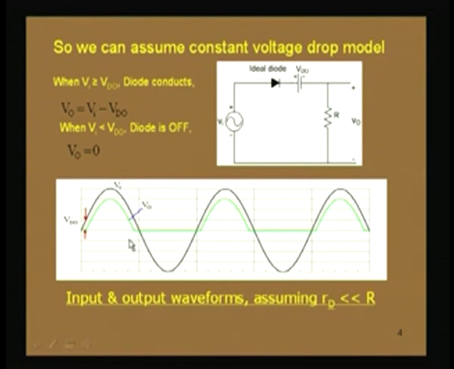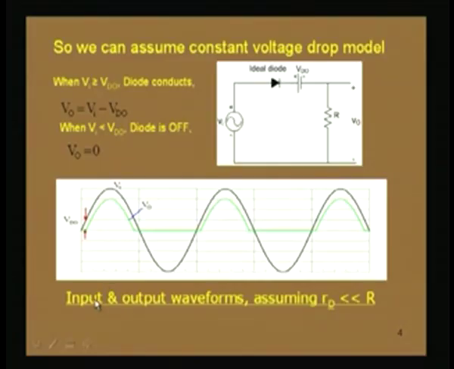In the negative half cycle, whenever V_I is less than 0, that means the input voltage is negative, and there will be no conduction in the diode. So, we will be getting 0 current, and since the current is 0, the voltage V_0 across R is also 0. So, in the negative half cycle we will be getting 0 voltage, and in the positive half cycle only we will be getting the output voltage V_0, which is V_I minus V_D0.